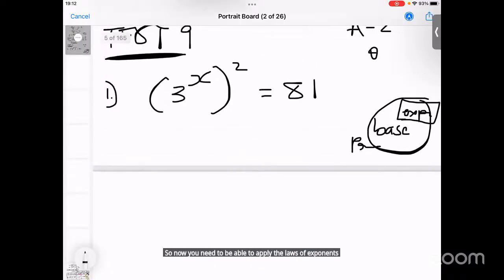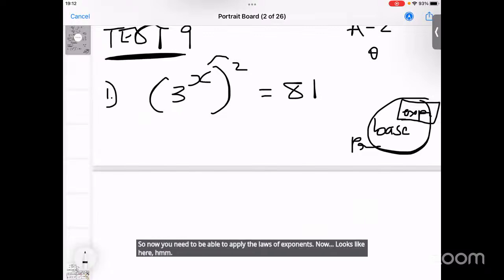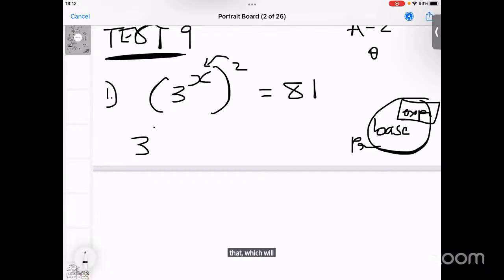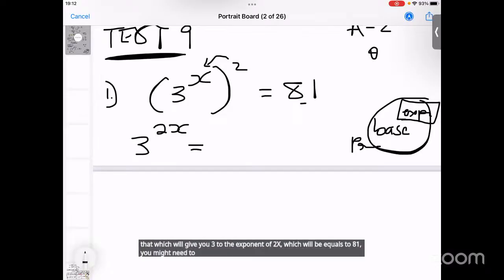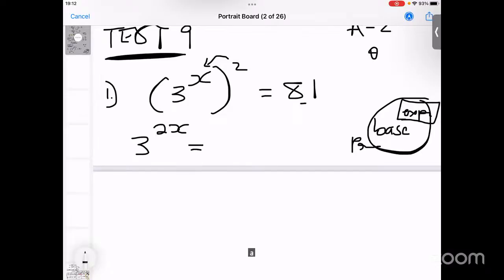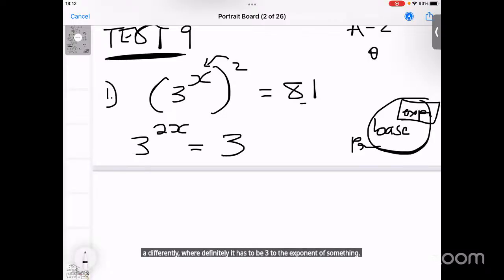Where now, looks like here, you might need to say that by that, which will give you 3 to the exponent of 2x, which will be equals to 81. You might need to rewrite it differently, where definitely it has to be 3 to the exponent of something. So let me quickly check. 81 to the exponent, or not 81, but 3 to the exponent.